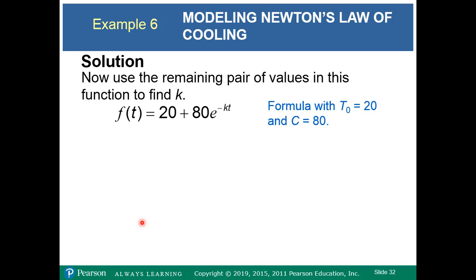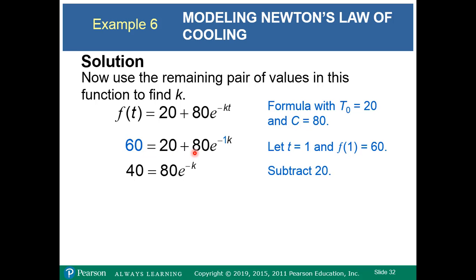Now we found that after 1 hour, the temperature of the pot was at 60 degrees. So now we can plug in 1 and 60, and solve for k. We simplify this.